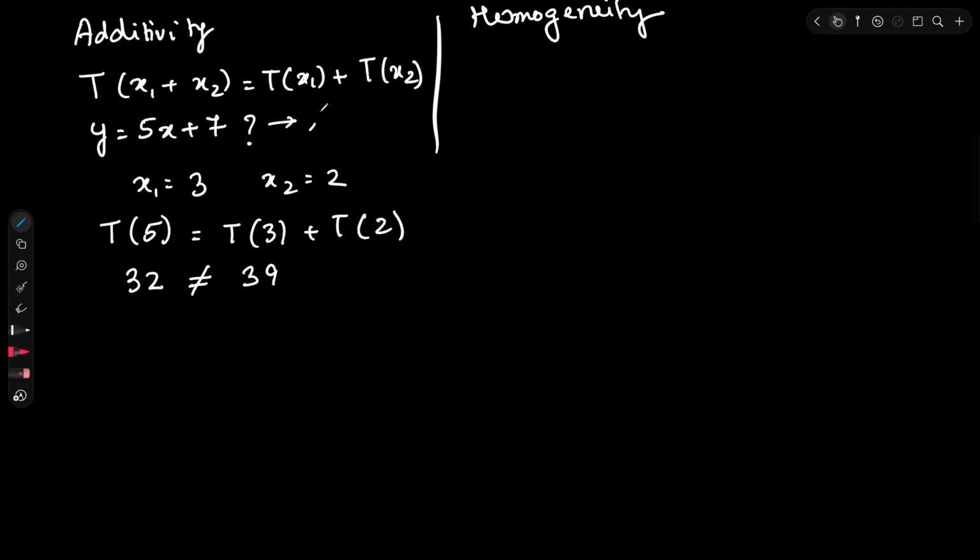But this is a line, and we know lines are linear, yet we are not getting the additivity property. So we have to understand one thing: for a function to satisfy the definition and call itself linear, it has to pass through the origin.